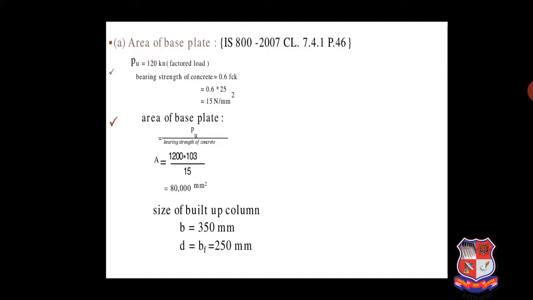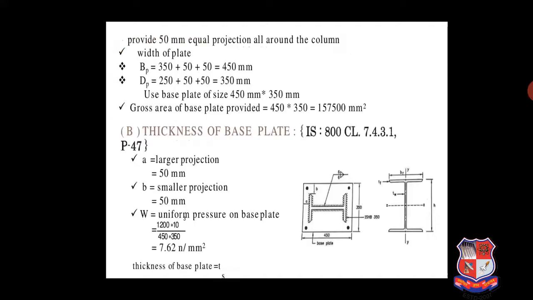So for that we choose the size of the built-up column. We provide the I section horizontally, or you can say in landscape direction. So our height becomes the width of the column, and our depth becomes the width of the flange. Our B is 350 and D is equal to BF, which means 250.